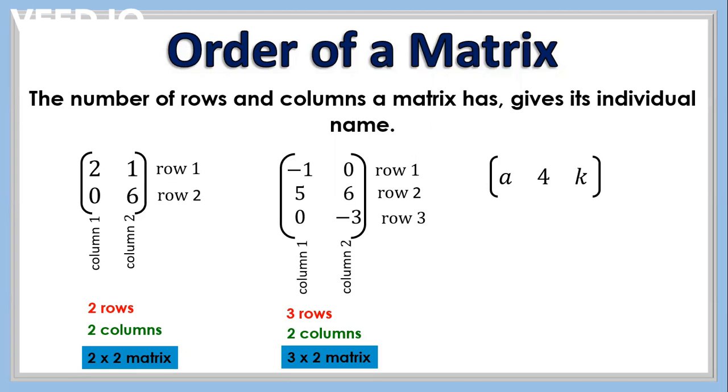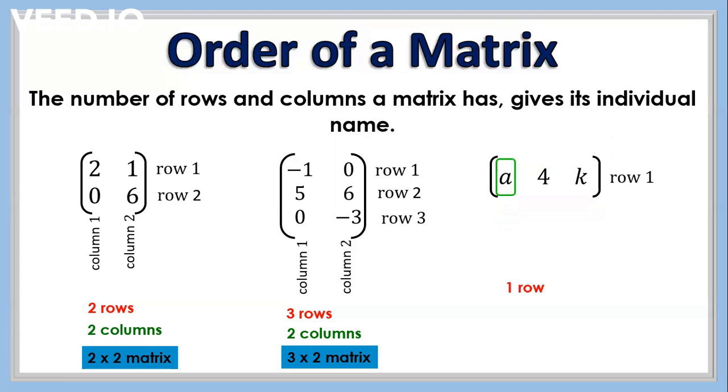So, the members of this matrix are A, 4, and K. A, 4, and K form row 1. Are there any more rows? No, there are not. So let's just see how many columns there are.